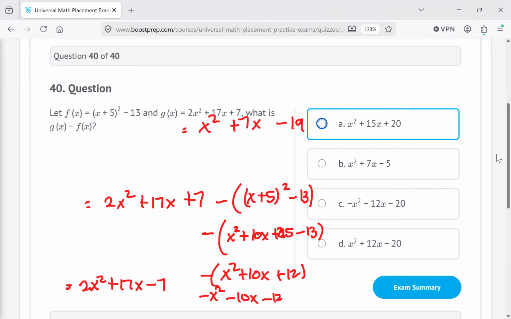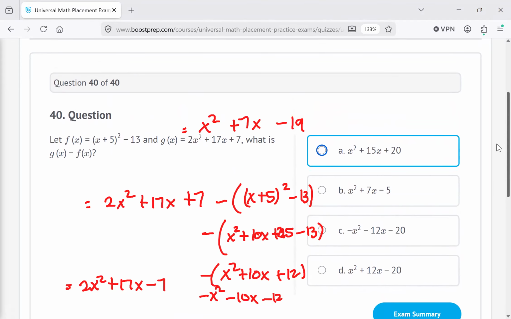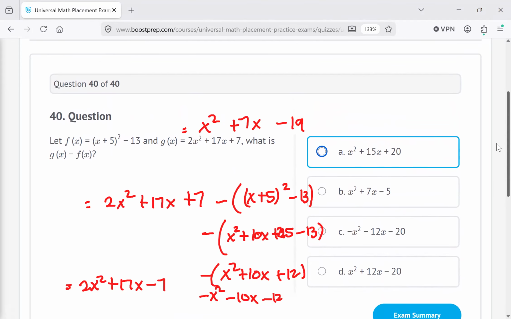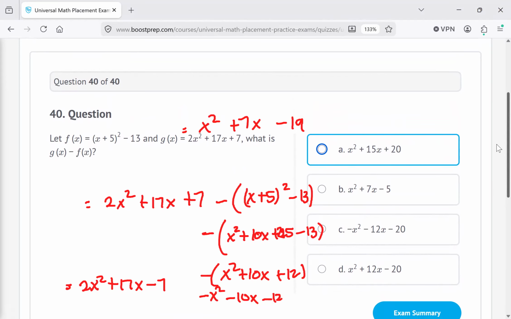I don't see my choice. It is g of x minus f of x. It's 12.